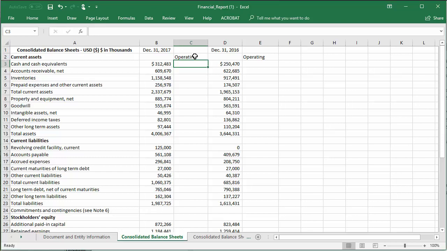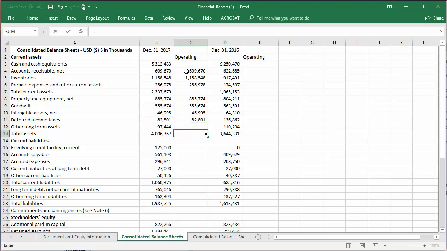So the operating items, as we know, would be accounts receivable, inventory, prepaid expenses, property and equipment, goodwill, intangible assets, and deferred income taxes.